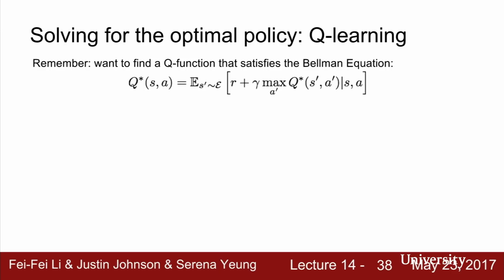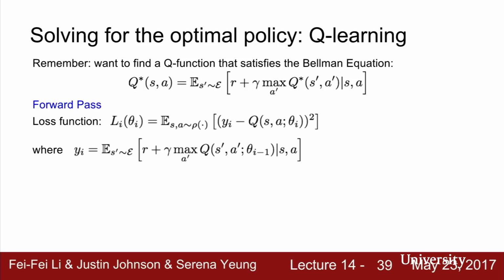Given this function approximation, how do we solve for our optimal policy? Remember that we want to find a Q function satisfying the Bellman equation, so we want to enforce this Bellman equation. With this neural network approximating our Q function, we can train it where our loss function tries to minimize the error of our Bellman equation, or how far Q of S, A is from its target, which is the y_i here, the right-hand side of the Bellman equation that we saw earlier.